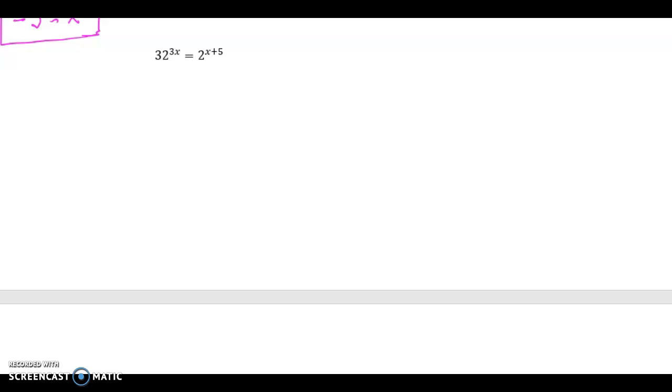32. 32 is actually 2 to the 5th power. Not 2 times 5. 2 times 2 times 2 times 2 times 2. 2 to the 5th. And then to the 3x. So all I did was rewrite 32. And on the right side, I have 2 to the x plus 5. Now we have a power to a power.